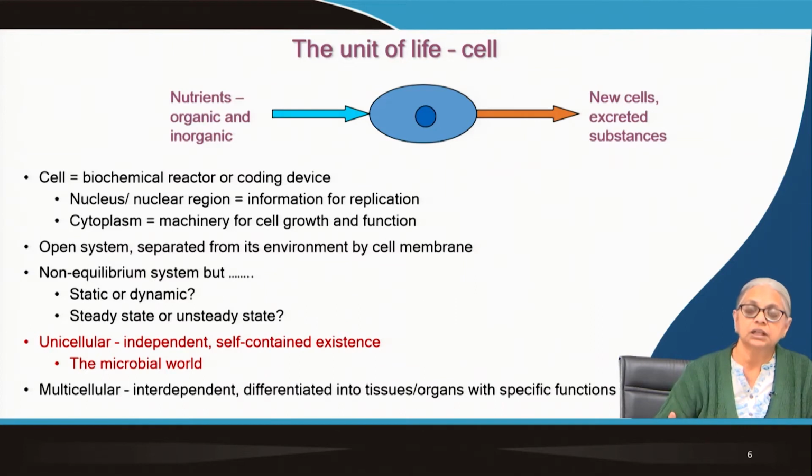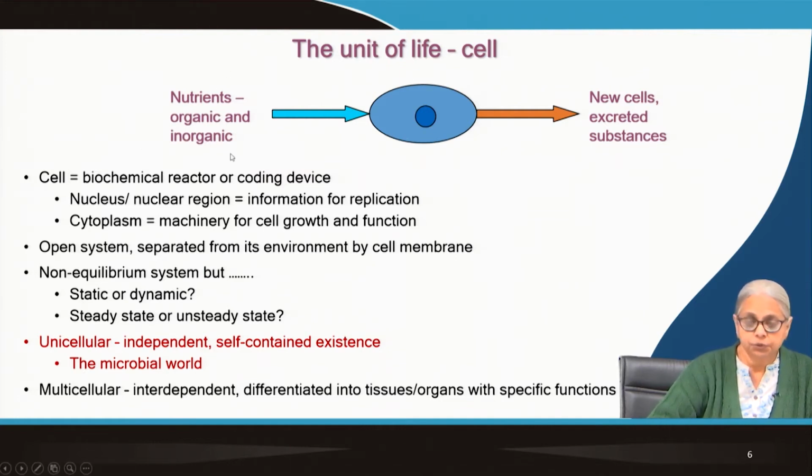They may be found in clusters, but they are entirely capable of living an independent existence without depending on any other organism or even individuals of their own species. Okay, so this is our basic cell.